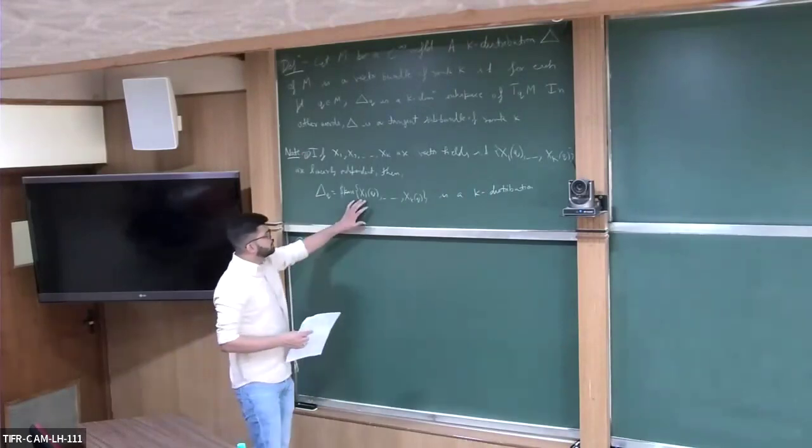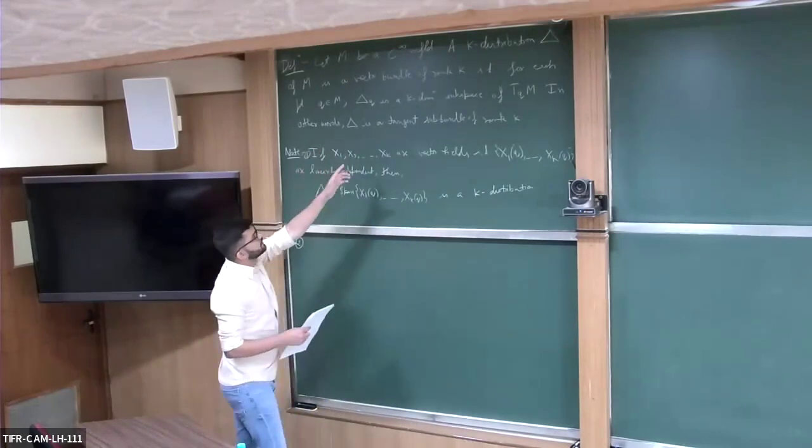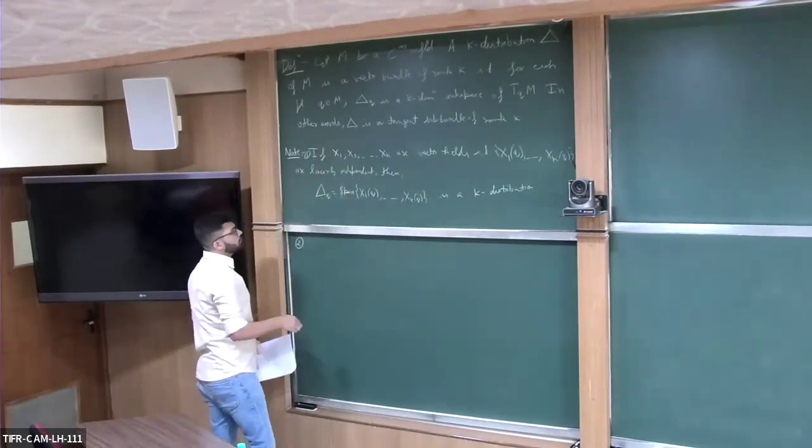These are the vectors spanning the k-dimensional subspace of the tangent space at each point.